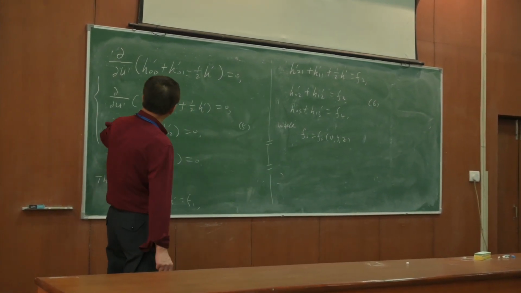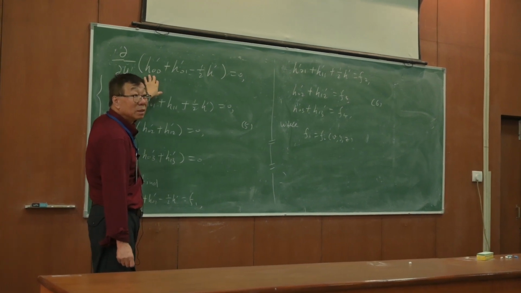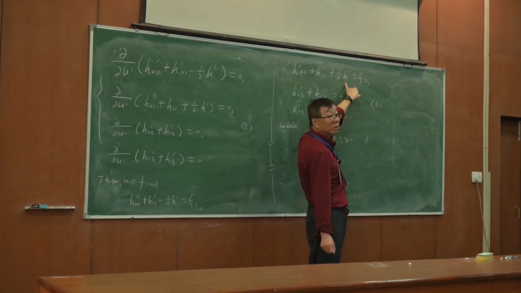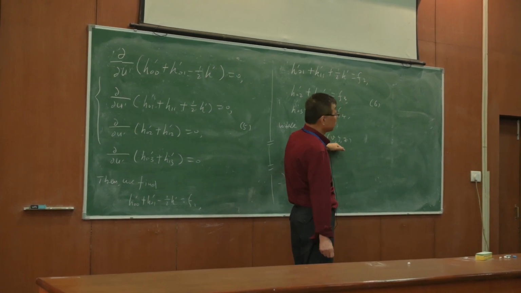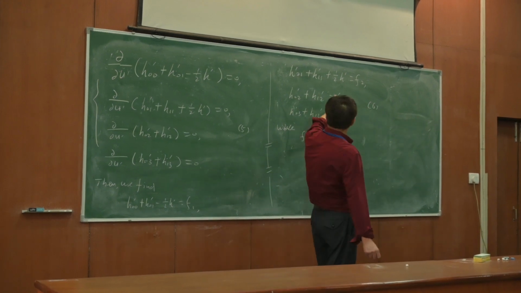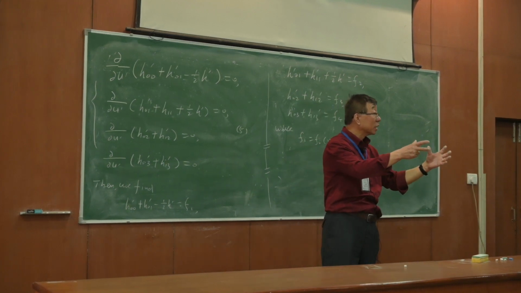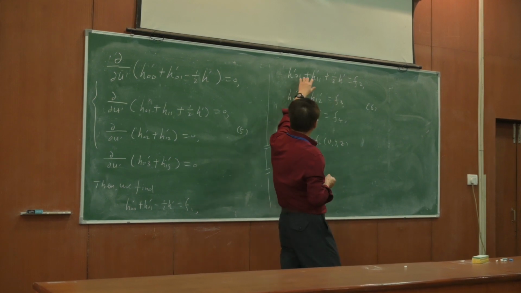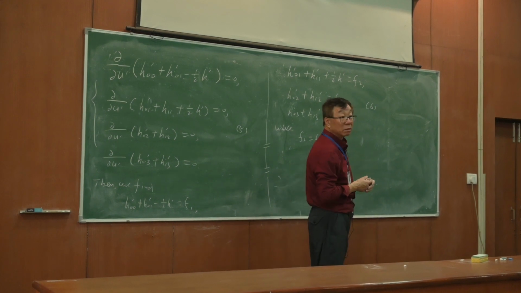You say why? Because remember, this guy is only a function of u, right? This is our beginning. So if each of them is a function of u, we cannot get this way. So in any case, even if it's a constant, as r goes to infinity, we do not have gravitational waves, right? Remember, we consider finite sources. At infinity, all of them equal 0. So if we consider infinity, all of them 0, this constant has to be 0, right?